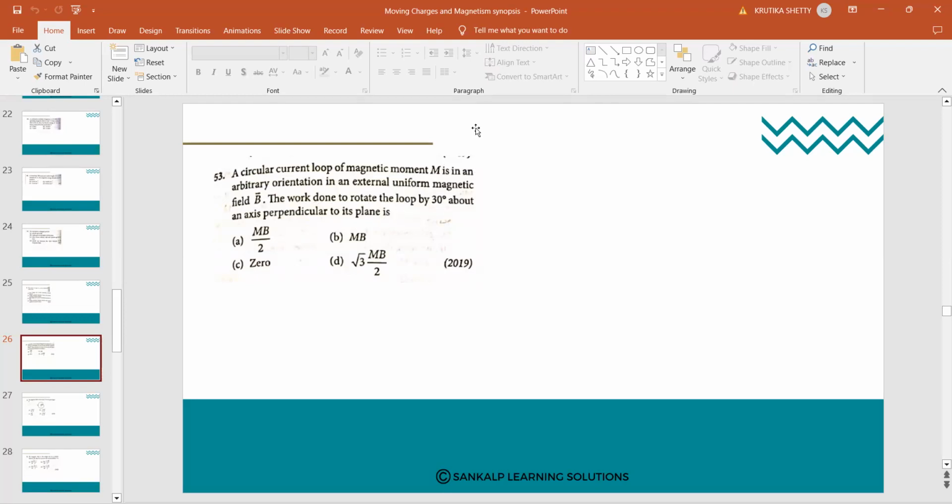A circular loop, so magnetic moment. What comes, students? The angle is 90 degrees, they are saying. It is MB cos theta. So theta is 90 degrees, cos 90 is how much?